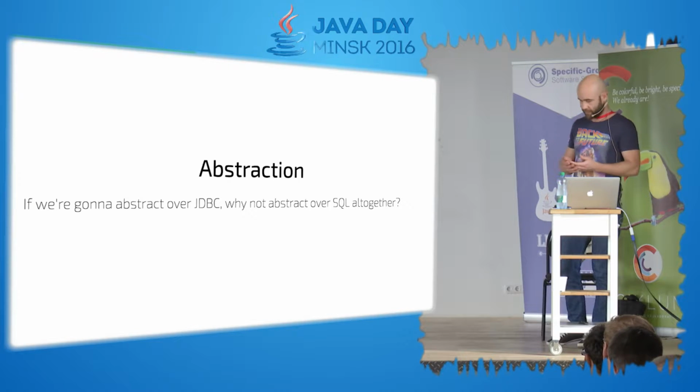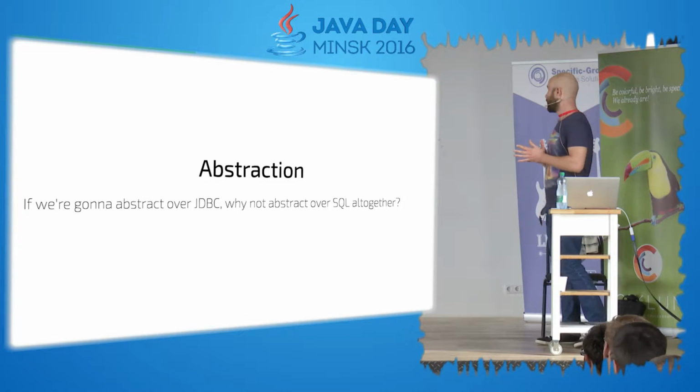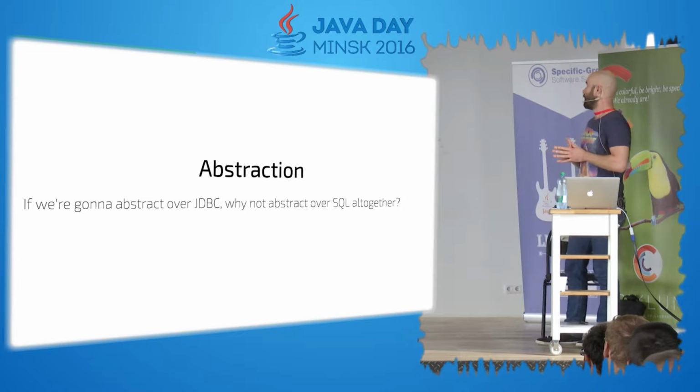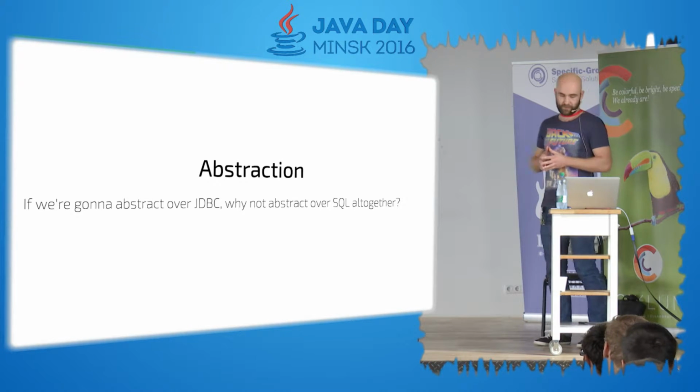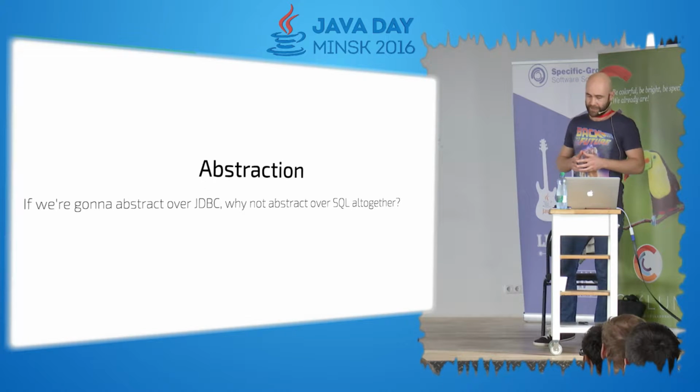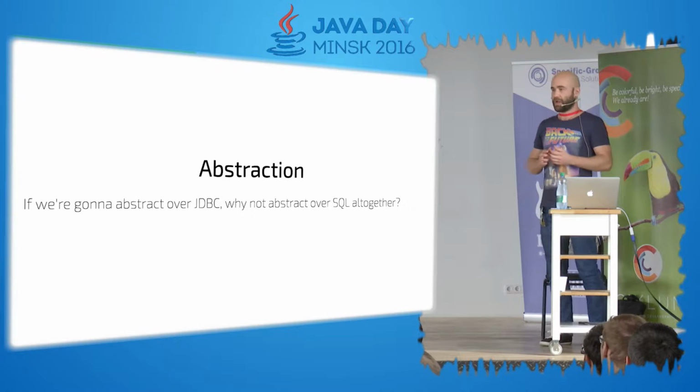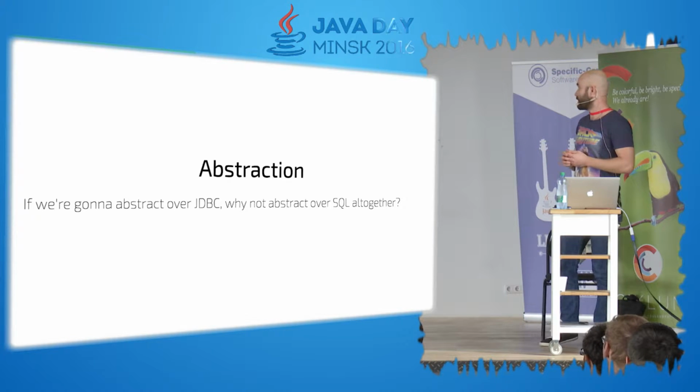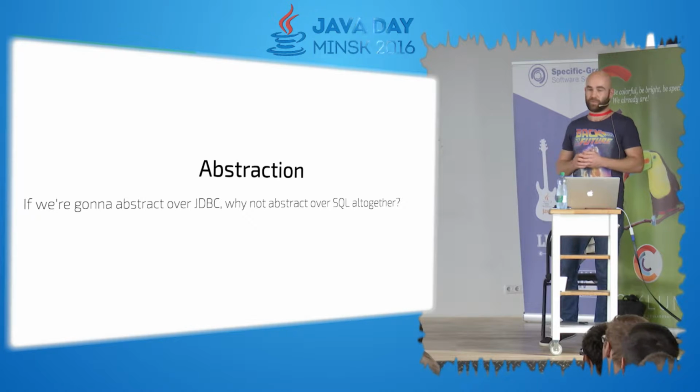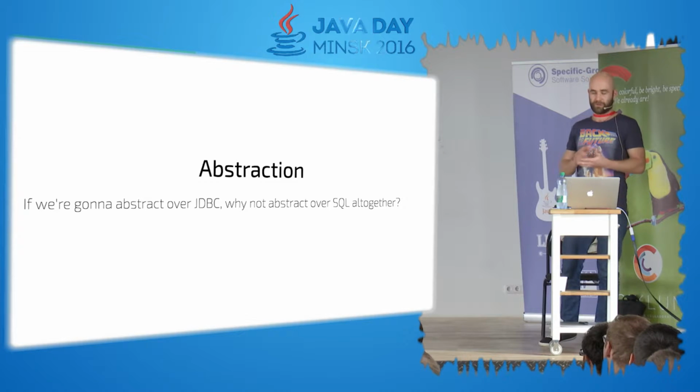And the typical solution that most people arrive at when considering this problem is: if we are going to be abstracting over JDBC, why not abstract over all the things that deal with SQL? I mean, why not abstract over SQL completely?